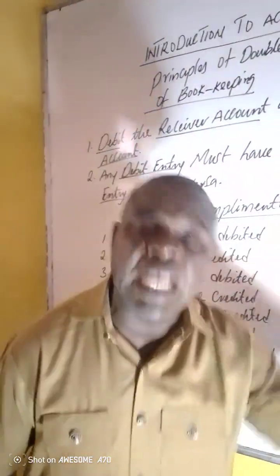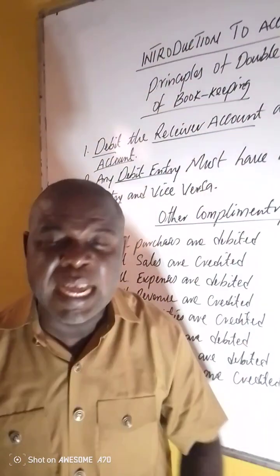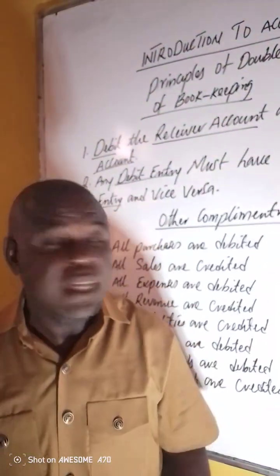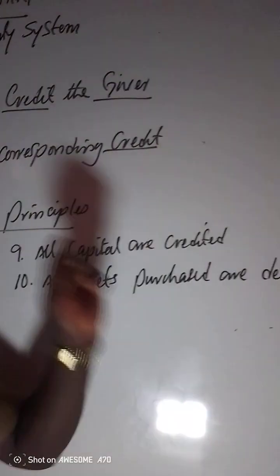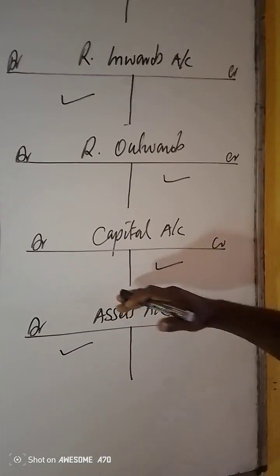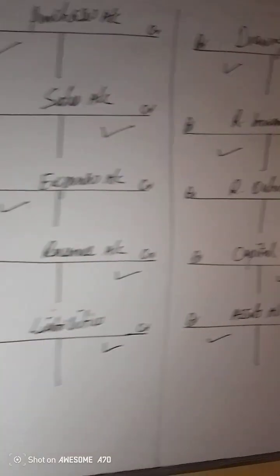By the time you put it in to start the business, it becomes capital. It can be furniture, it can be anything, but provided that item is used for starting the business, it becomes capital. So if you open an account of capital, mind you, you must post it in the credit side. And that is why we say that all capital is what? Credited. Capital means the value used in starting business, either by cash or assets or anything.